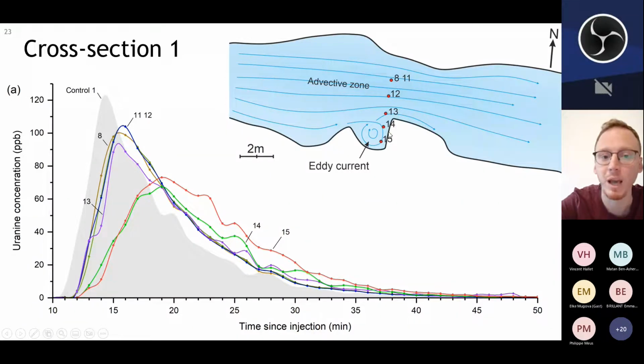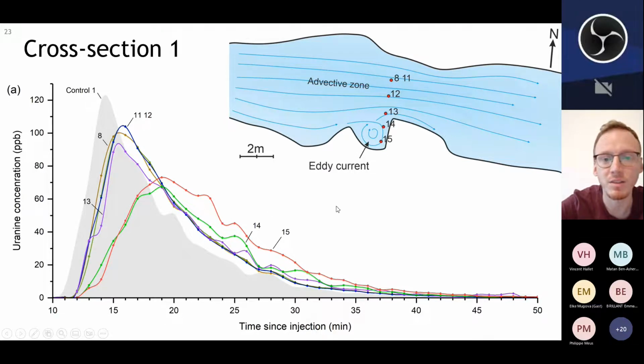This is why we have negative velocities on the profile at these locations. This eddy current is clearly visible on the breakthrough curve because it makes the curve quite different than on the other side of the river, which is more advective.